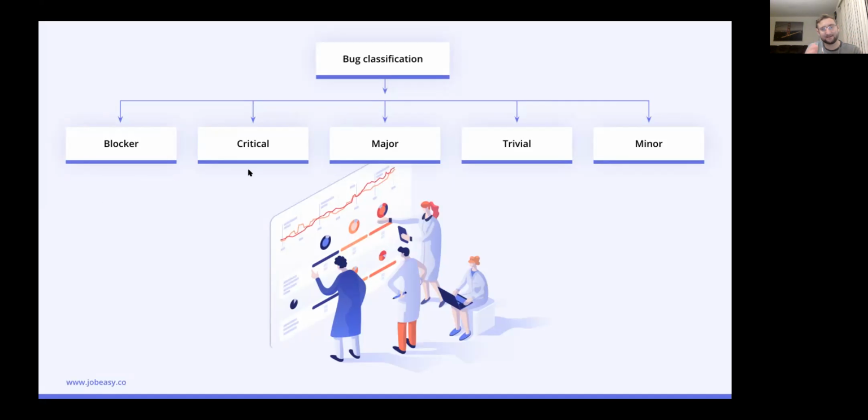Critical is the second stage. We call it critical, or sometimes high, or sometimes P1. You can see different ways of calling those things, but they mean the same thing. Critical means that it's a pretty bad bug, and it definitely needs to be addressed as soon as possible.